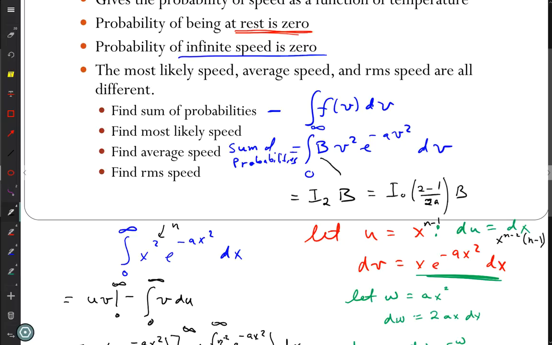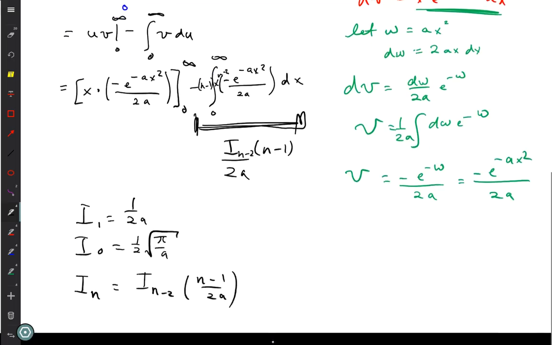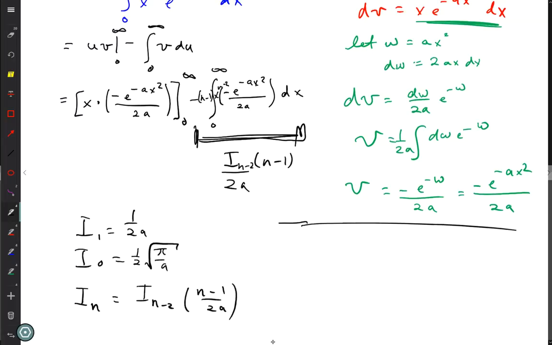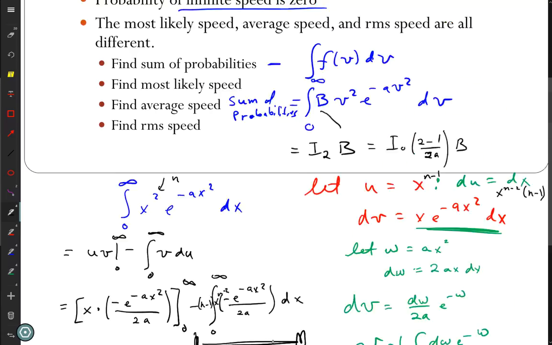Well, now I have to look at what I0 is, and of course I don't have room up here, so going to the bottom. That's what I wrote, right?